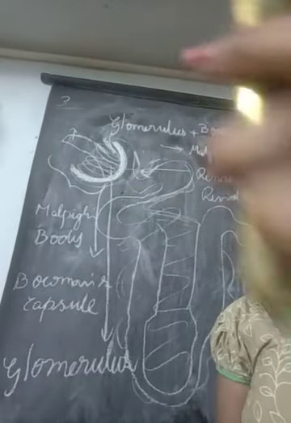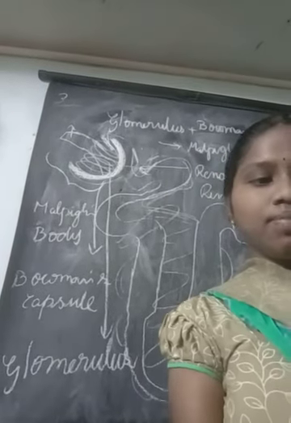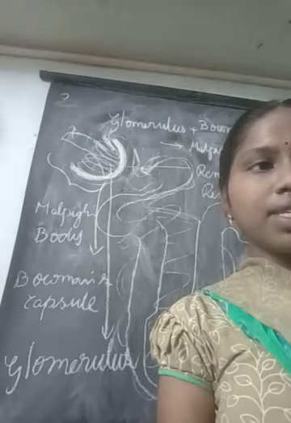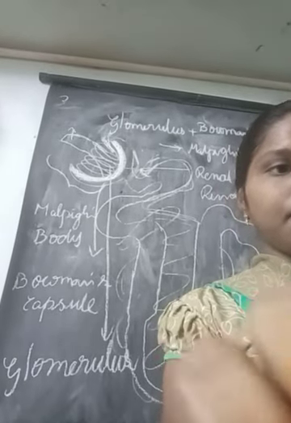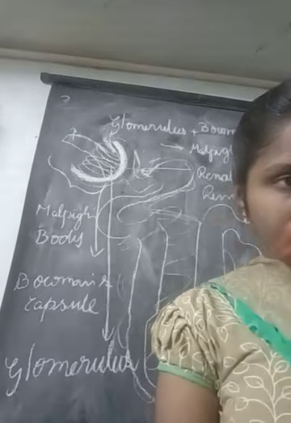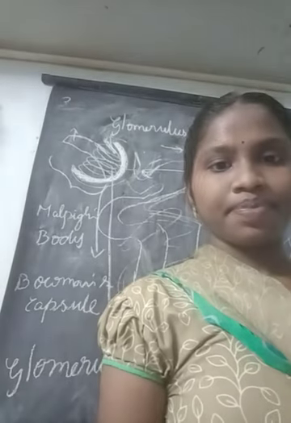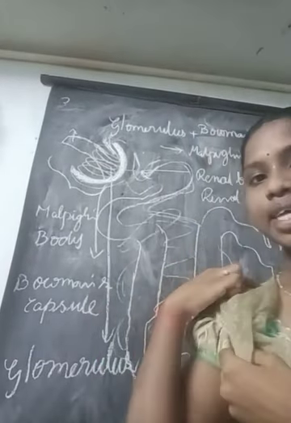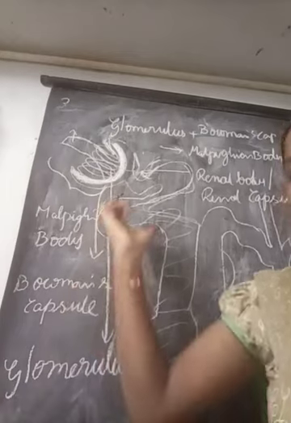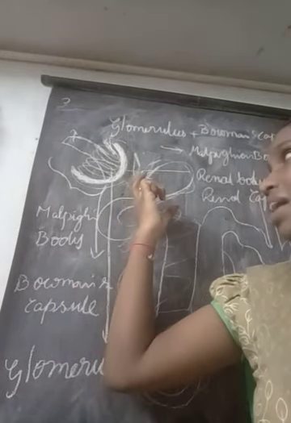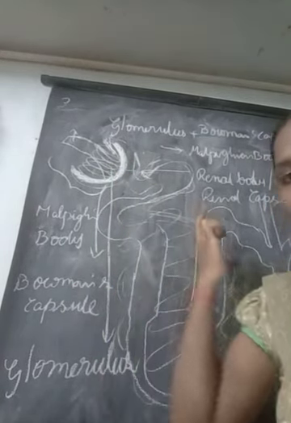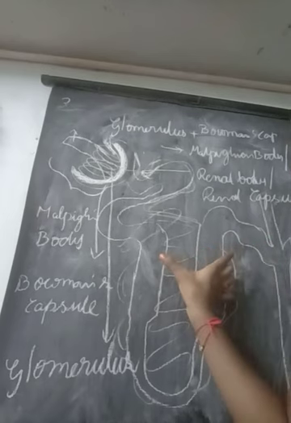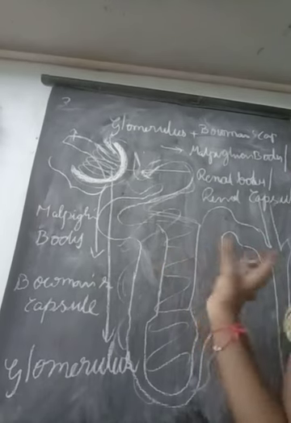Time is completed, I am ending your class. Please revise it at home. Is it clear, Nana? Today we completed till the Malpighian body. In tomorrow's class, we will learn about the renal tubule. Okay?